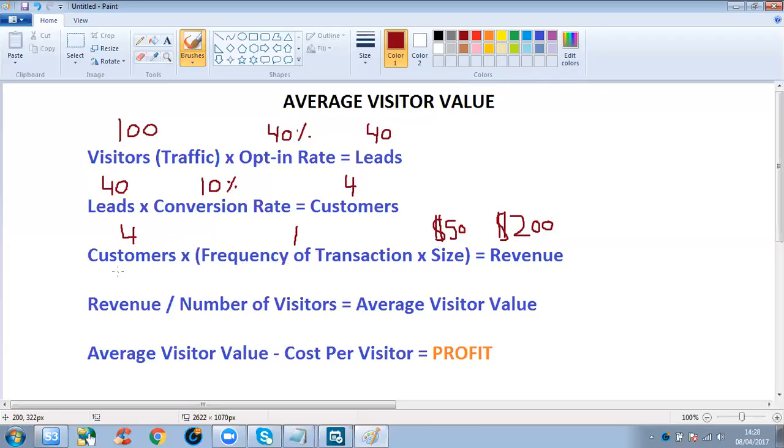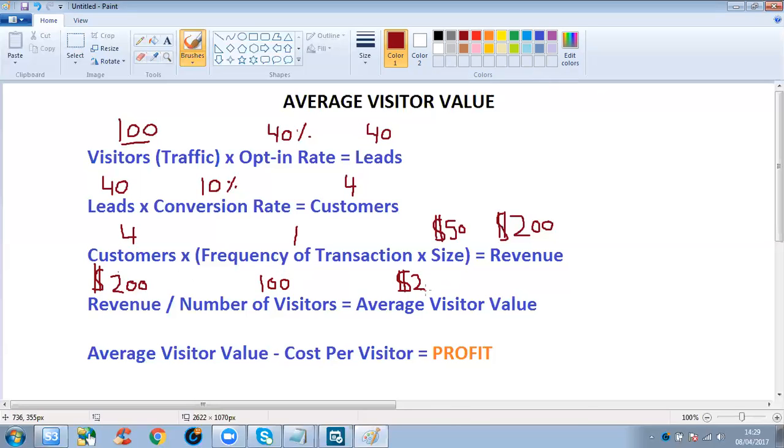So we put this down here, 200 in revenue. And the number of visitors was 100, remember? So 200 in revenue divided by the number of visitors, 100, means that your average visitor value is $2. So your average visitor value to your business, to your website, is worth $2.